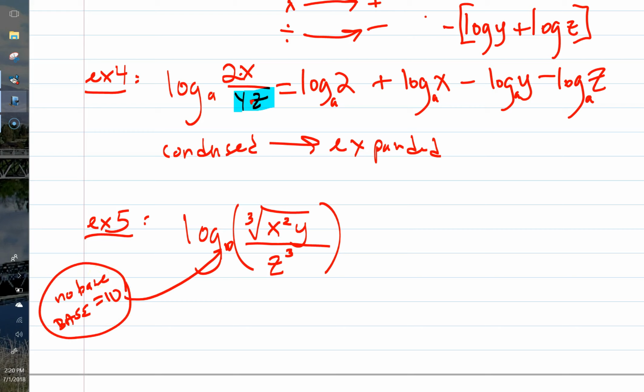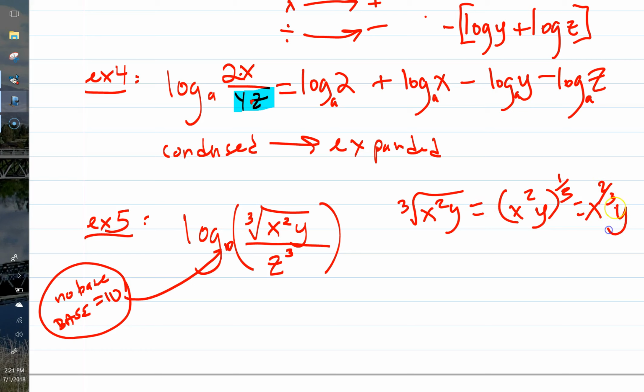So when I expand this, first thing I'm not liking is on the top, these are grouped together. Let's see if we could deal with that. This is the same thing as both raised to the, so now I can use the exponent rules and get x to the 2/3 and y to the 1/3.